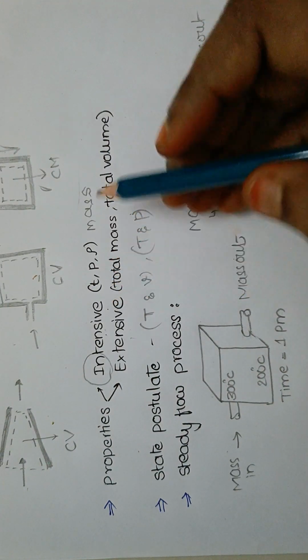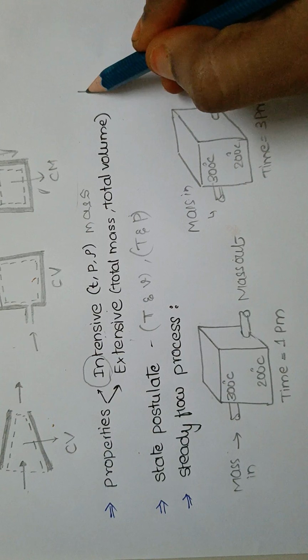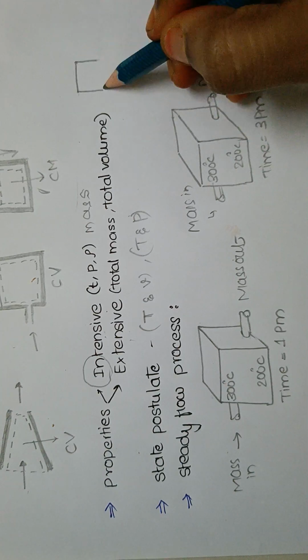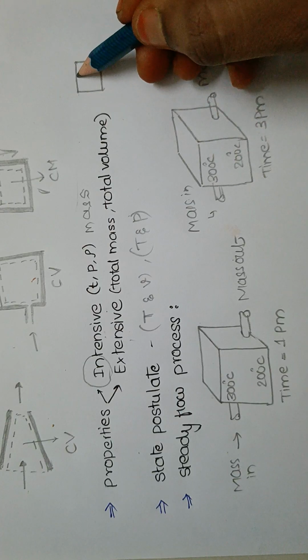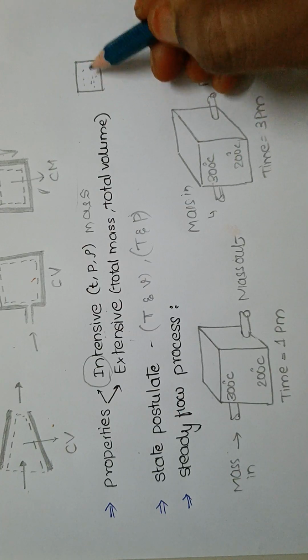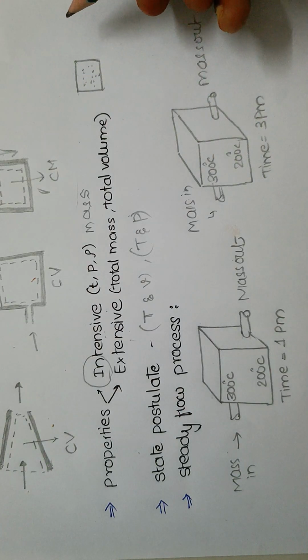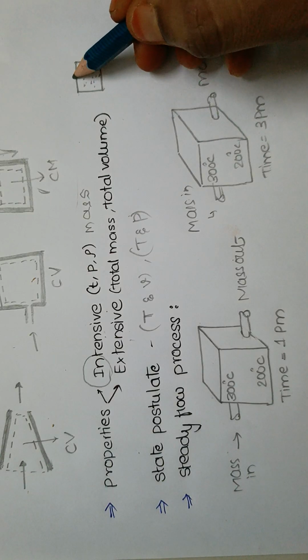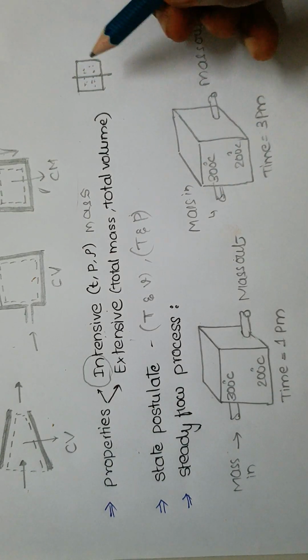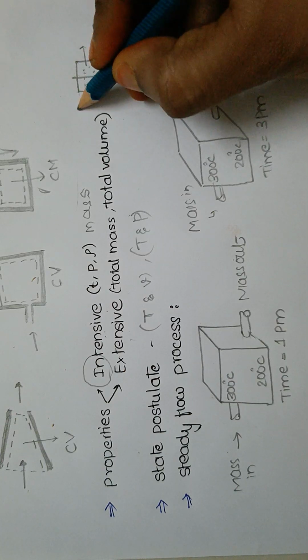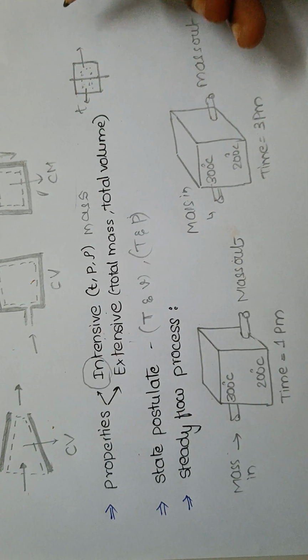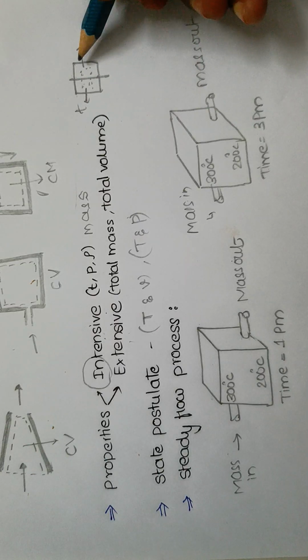An example of an intensive property is temperature. Let me explain this. For example, if you have taken a volume, a box like this, and there is a fluid in it, and you have removed some of the mass, but still if you measure with a thermometer, the temperature is the same, even though some mass has been removed.